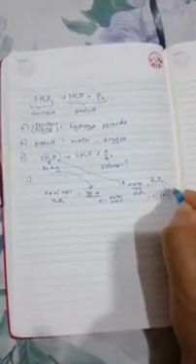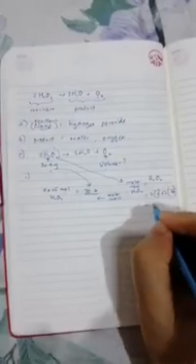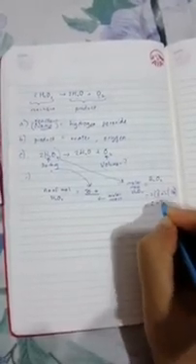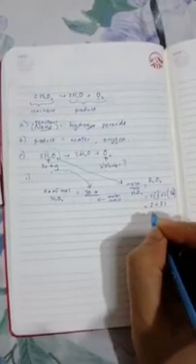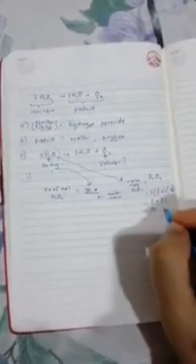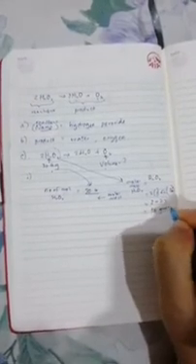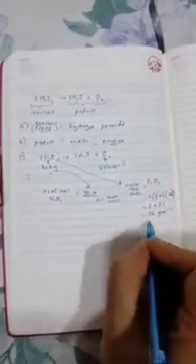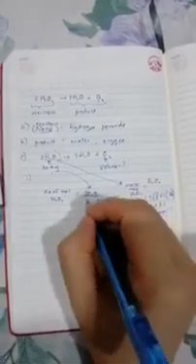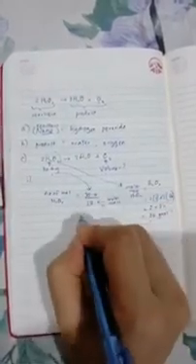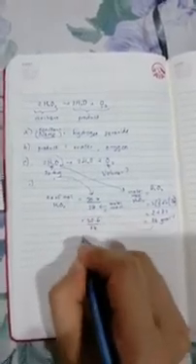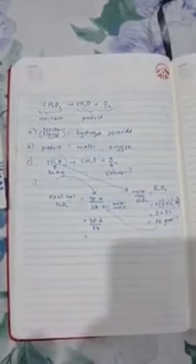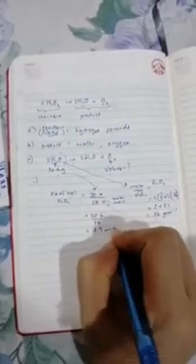Oxygen RAM is 16, so it equals 2 plus 32, which equals 34. The unit of molar mass is gram per mole. So we put in 34. So 30.6 divided by 34 equals, from the calculator, 0.9 mole.